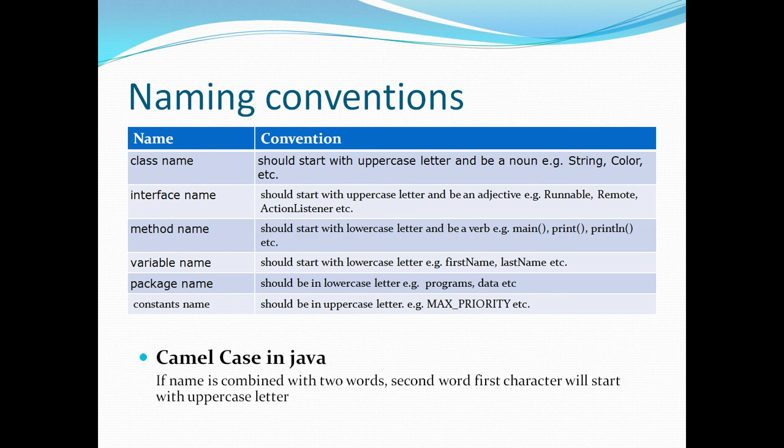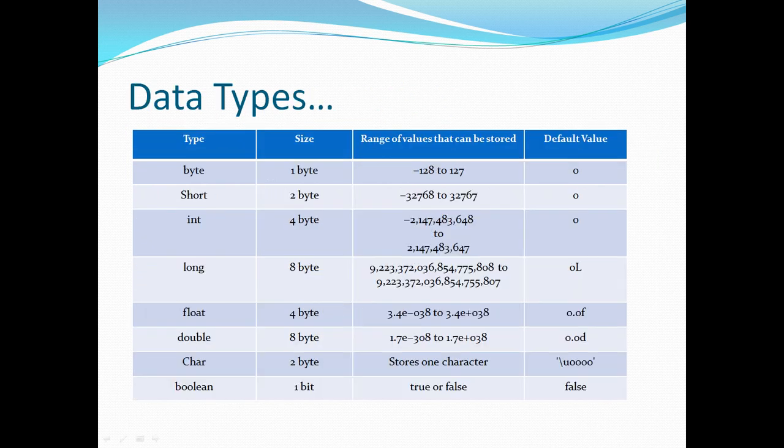Try to give a value beyond the range and check what happens. Convert this boolean from true to false, false to true, and check whether the value is stored or not. That's all about data types and variables.